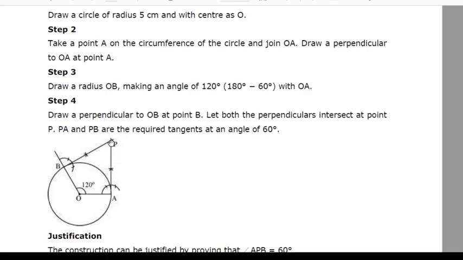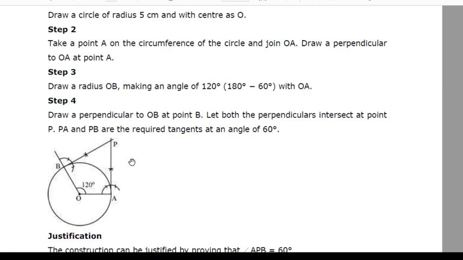So for this 60, you have to make a 120 degree angle here first. Then after that you construct the two perpendiculars, because the perpendicular at the end of a radius is your tangent. Okay, so this tangent and this tangent we have drawn. Now you will get the 60 degree angle inclined between these two tangents.